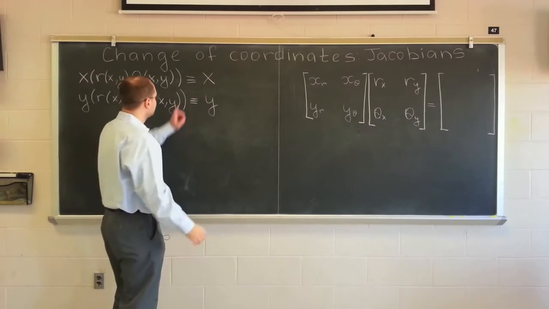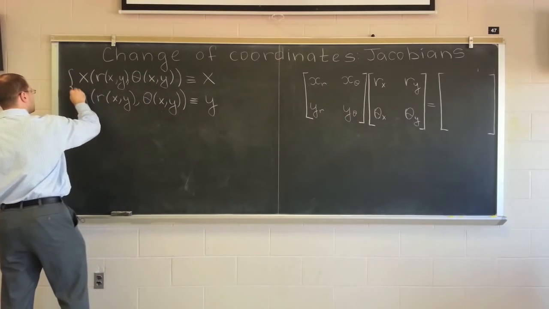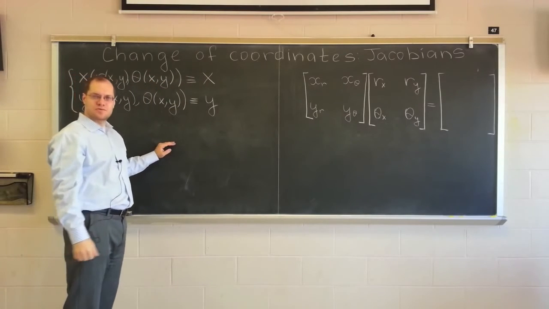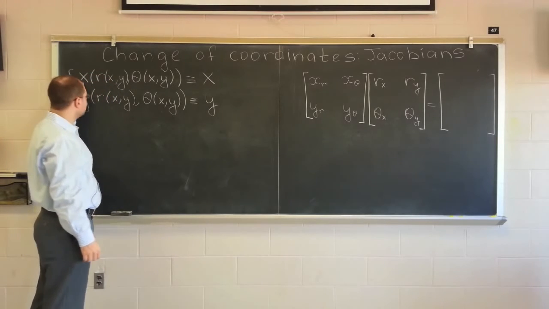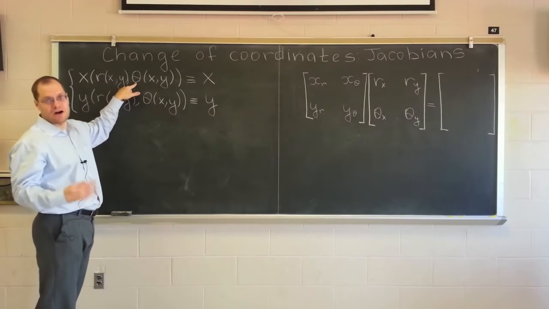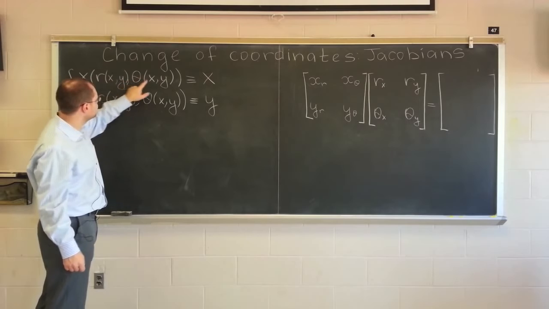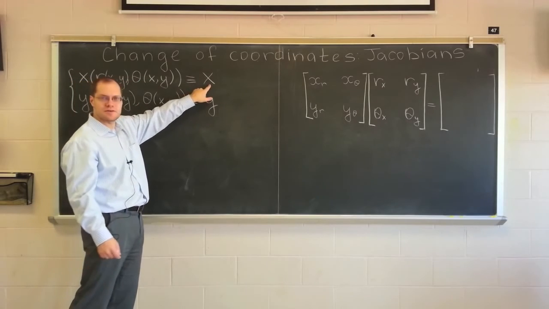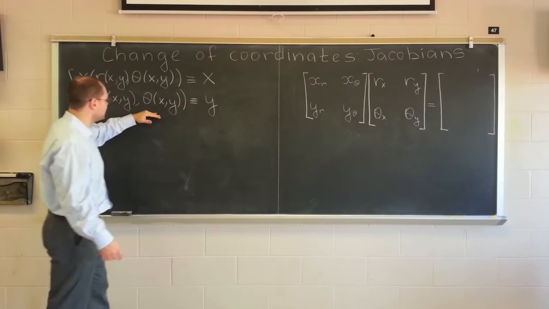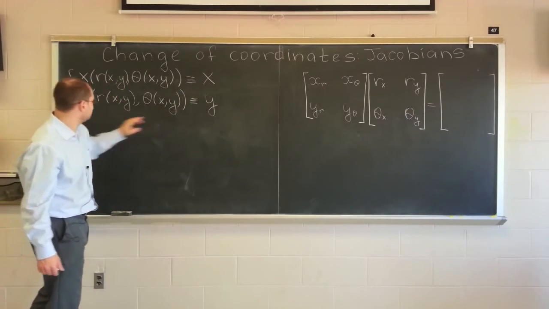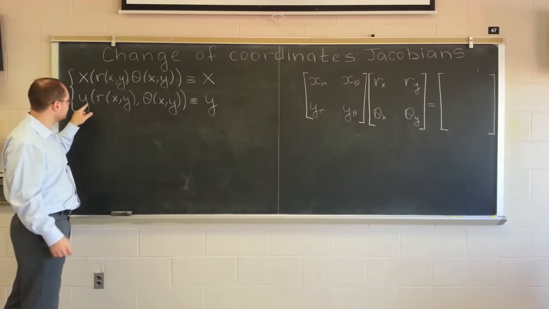And another reminder that in the first relationship, the letter x plays two different roles. This x represents a function of r and theta. That function may be r cosine theta if these are Cartesian and polar coordinates. This x, and the x on the right-hand side are the independent variables. Same thing here. Y has two different meanings. This y is a function of r and theta, maybe r sine theta.